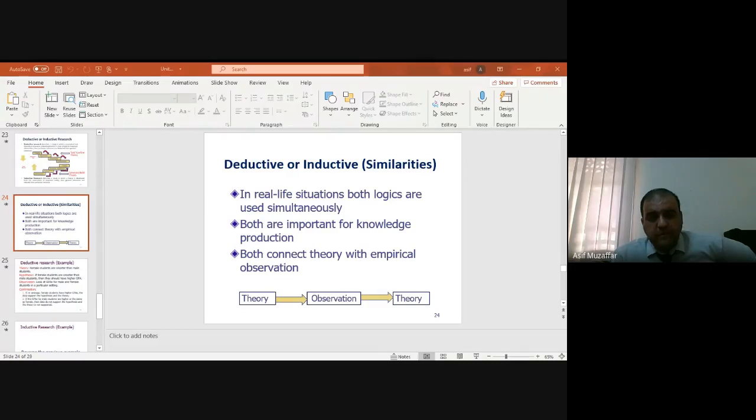Effect of culture and social media. It should be cause and effect, because when you say effect, that means there are some factors which are affecting some other factor. So the factors which were affecting are called independent variables or factors.